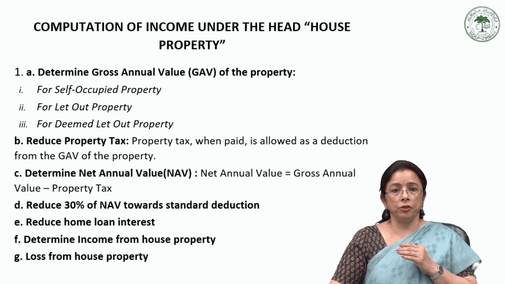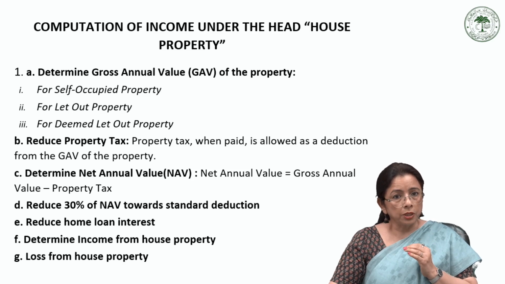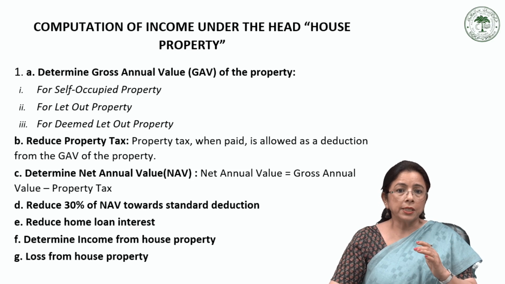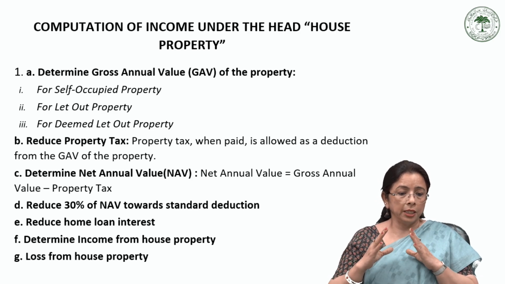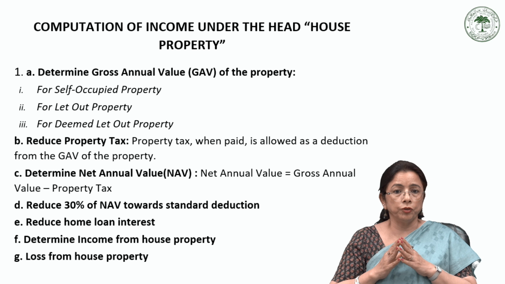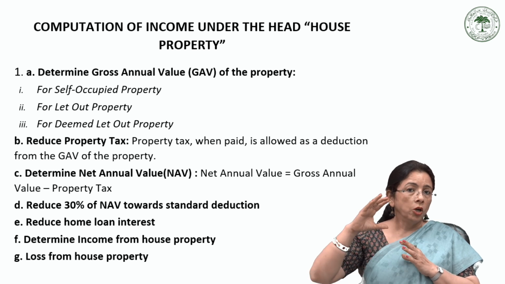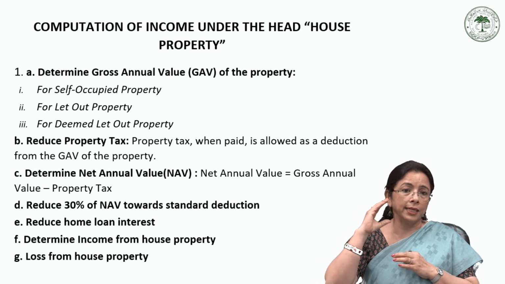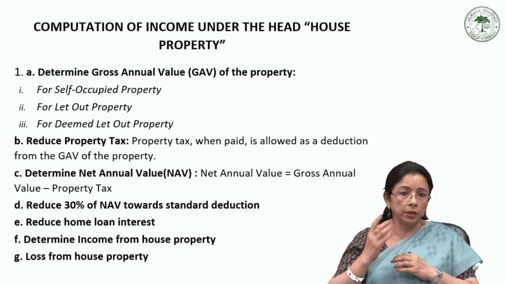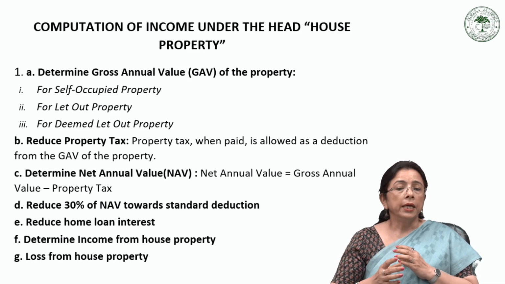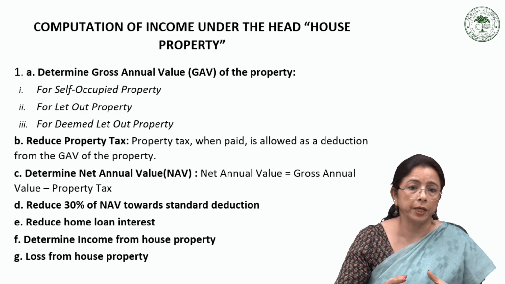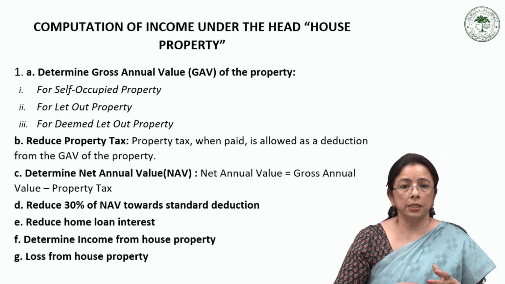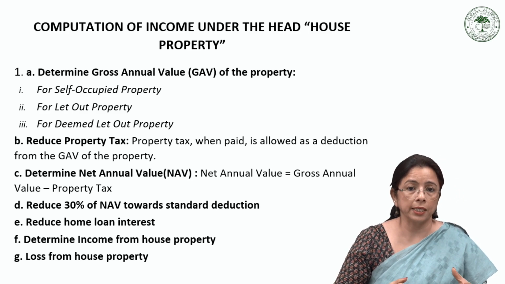First we will have to determine the gross annual value of that property, and for determining the gross annual value, we first have to check whether it is a let out, self-occupied, or deemed let out property. If it is a self-occupied property, in that case the gross annual value will be taken as 0.